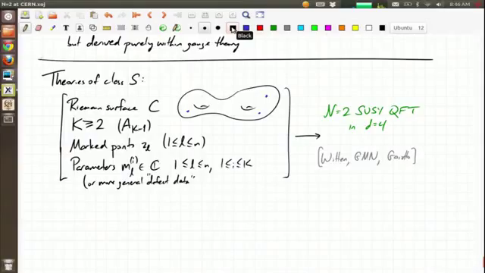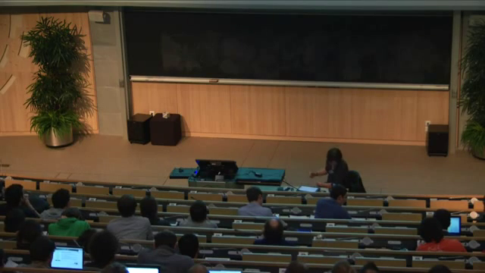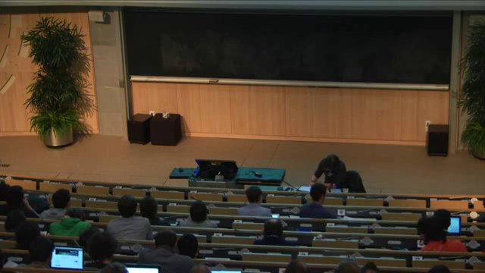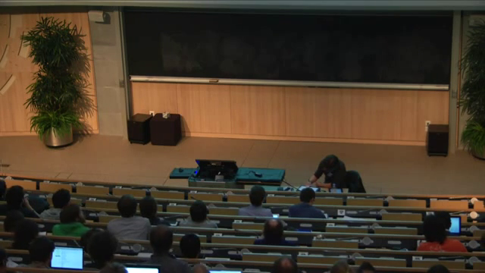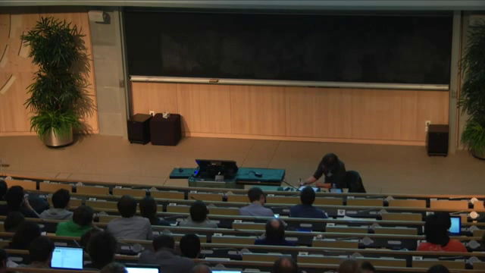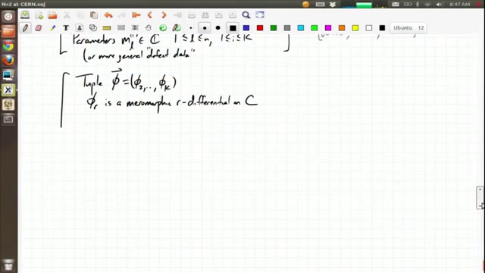It's a tuple of a bunch of things, phi 2 up to phi k. What are the things? Each phi r is a meromorphic r-differential on the curve. What does that mean? Let's think of writing this in local coordinates.